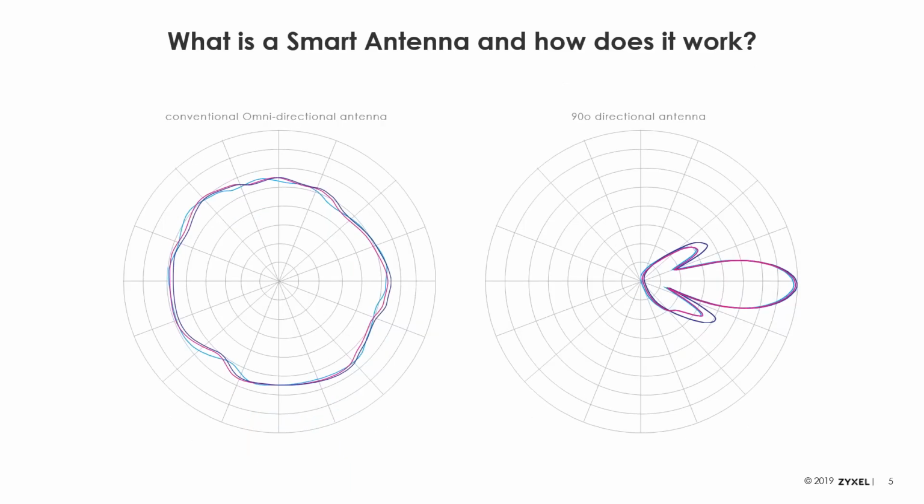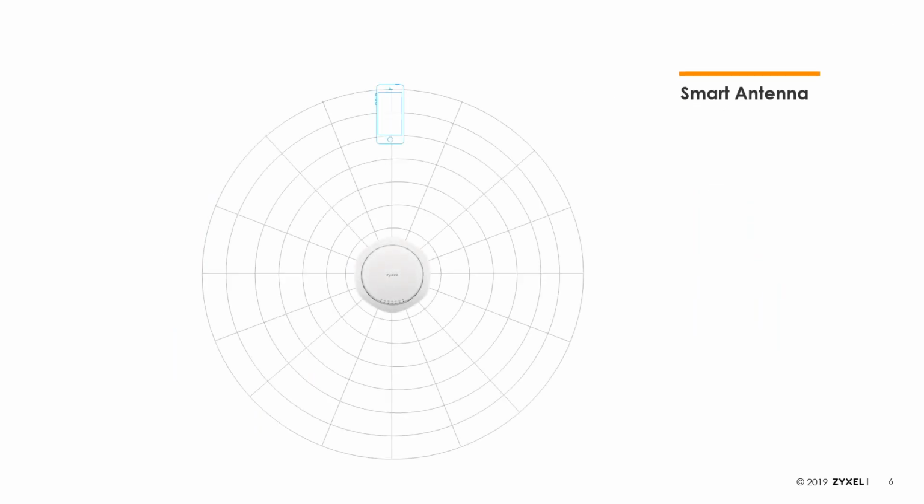Okay, so how does a smart antenna work technically? In a conventional world, we have omnidirectional antennas, which are very popular and used in indoor applications in standard APs. And then we have directional antennas, which usually are used in outdoor wireless or wireless links, etc. And smart antenna solution combines all of these types of antennas.